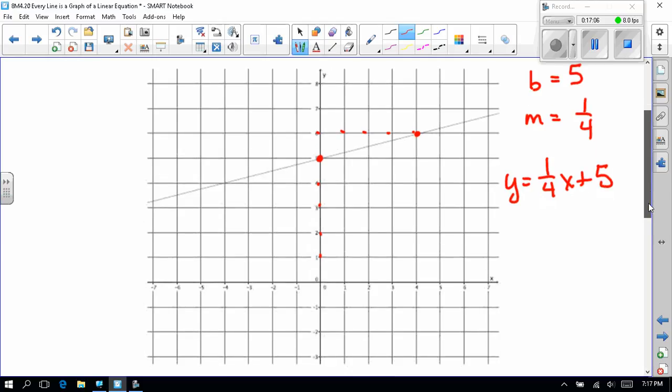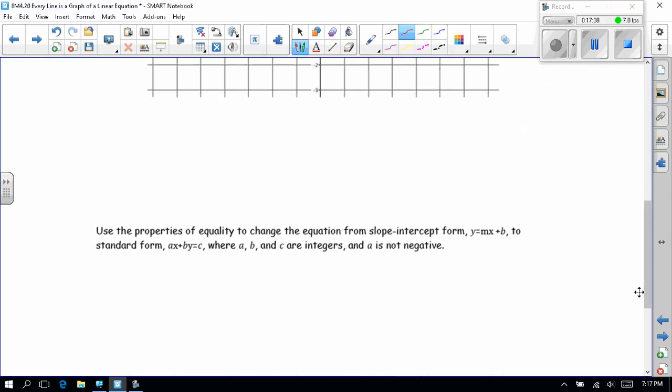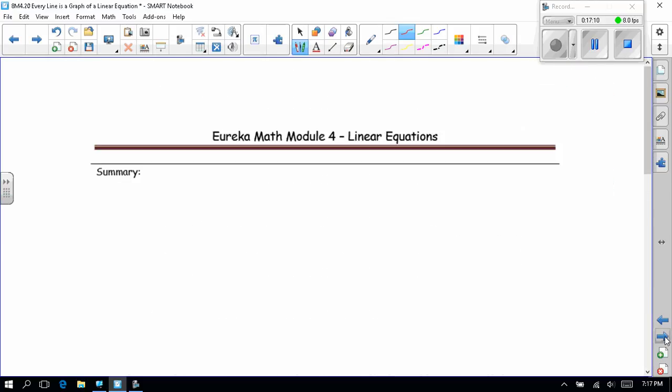Y equals 1/4 x plus 5. If you want a challenge, go ahead and try to put any of those from slope-intercept form into standard form. I'm fine with that.